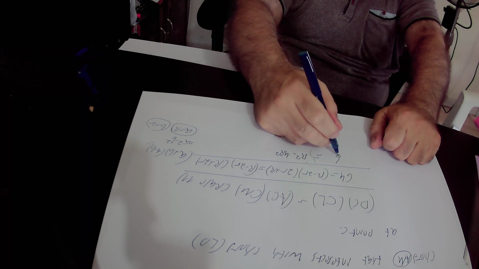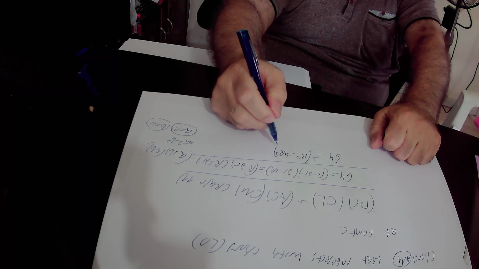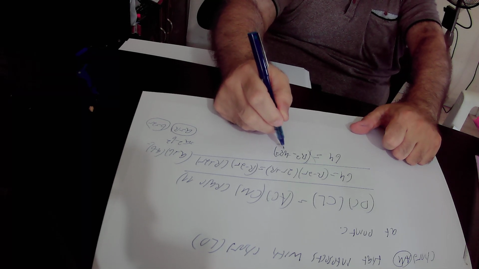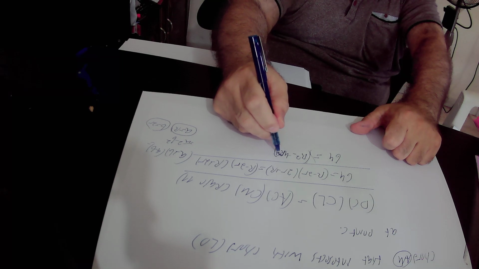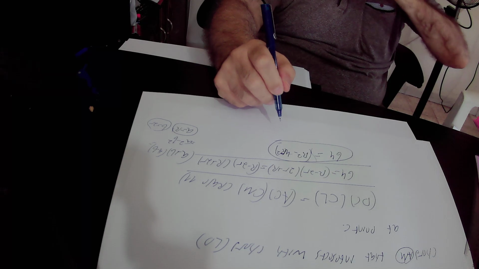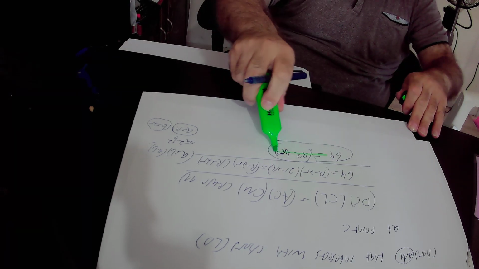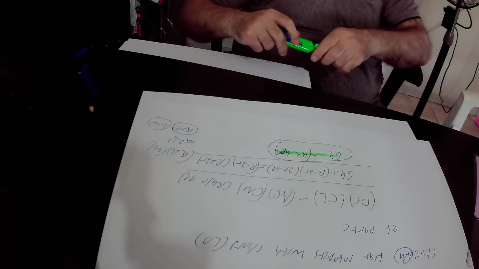So in conclusion, we found out that 64 equals capital R squared minus 4R squared.